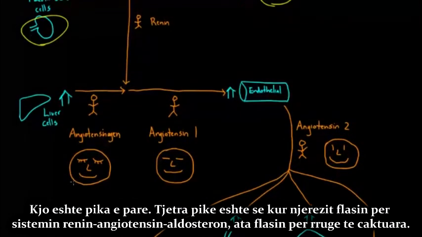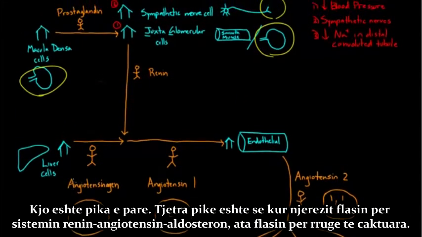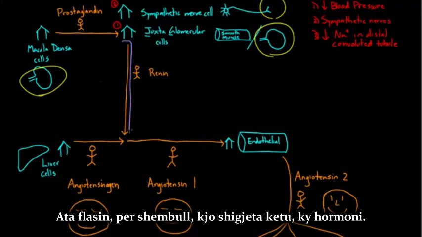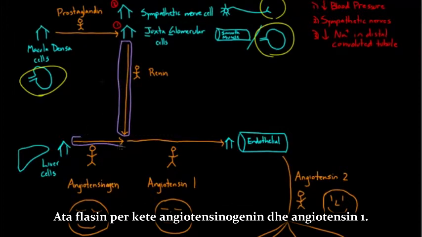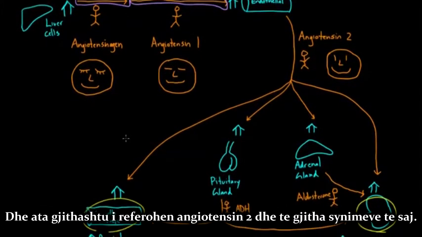Now, that's one point. The other point is that when people talk about the renin, angiotensin, aldosterone system, they're talking about certain pathways, and they're specifically talking about, for example, this arrow right here, this hormone, obviously. And they're talking about this angiotensinogen, and they're talking about angiotensin 1. And they're also referring to angiotensin 2 in all of its targets.